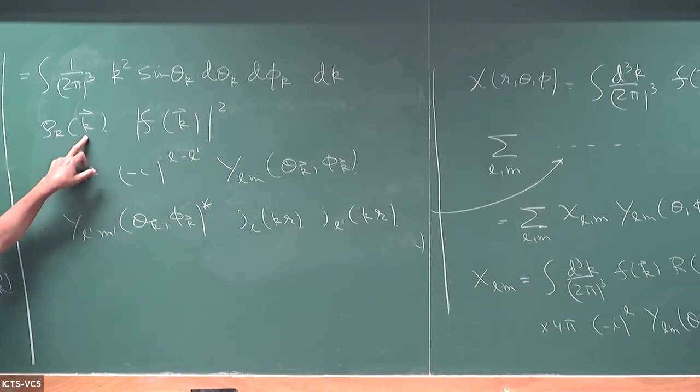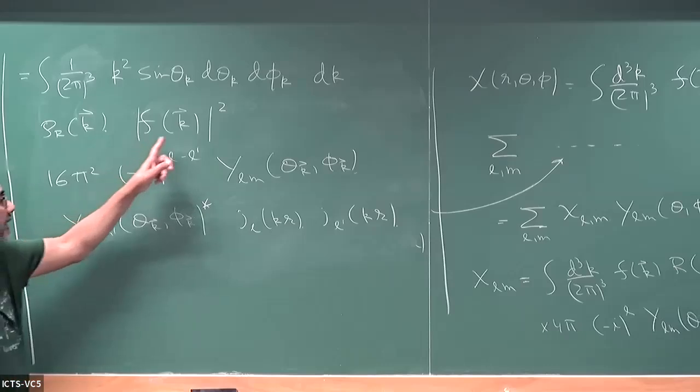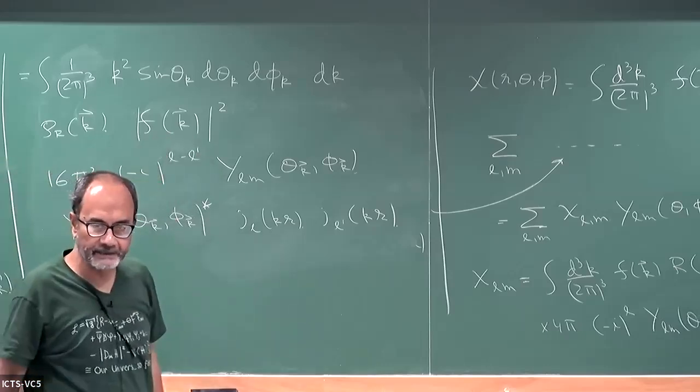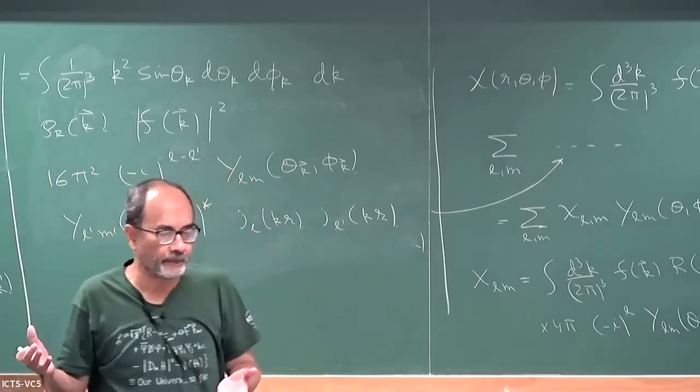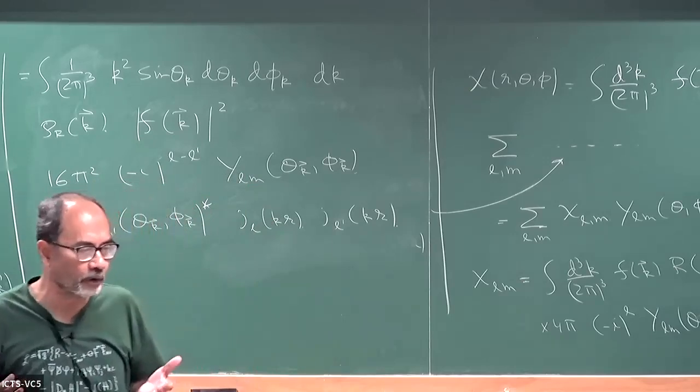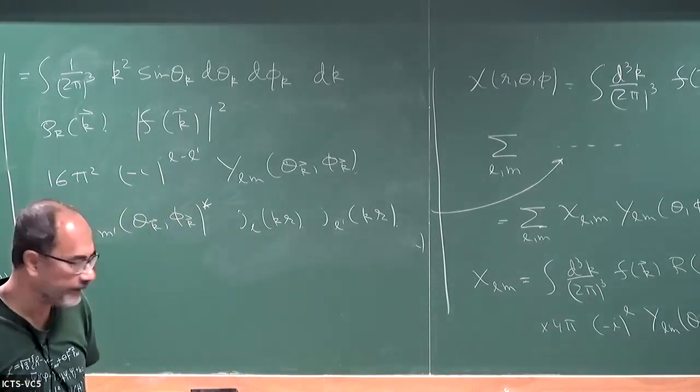That in fact we calculated, and we found that it's a function of the magnitude of k. It depends on omega, and omega is the magnitude of k. Similarly, this f of k, even though we have not calculated it, by rotational invariance of the problem we expect f of k to also depend on the magnitude of k.